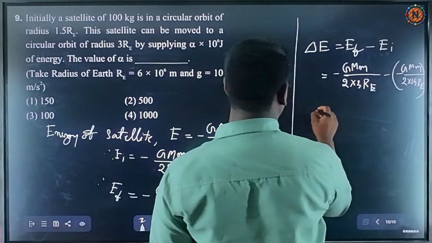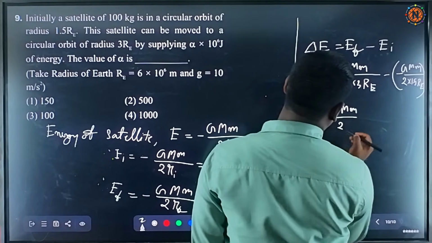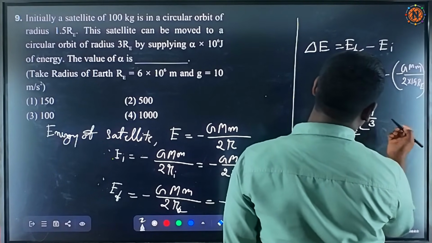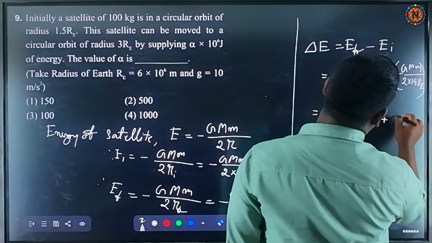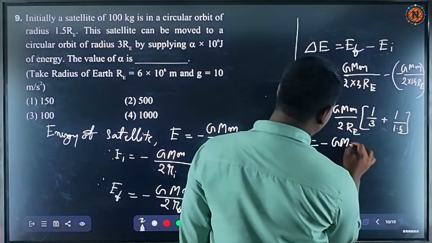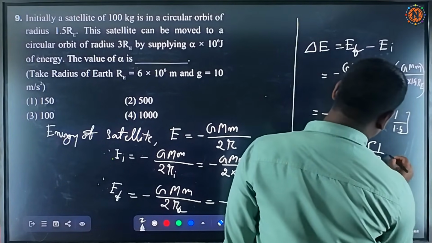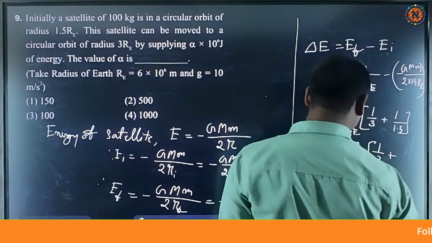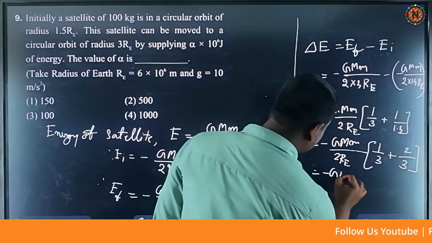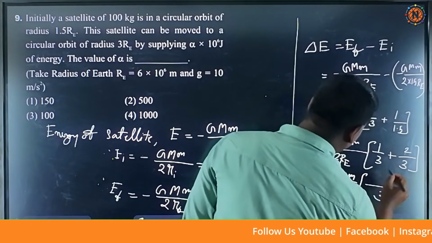Okay, so from this we can take common minus GMm by 2 Re, so that will be 1 by 3 plus 1 by 1.5. Okay, minus GMm by 2 Re. So take LCM. Okay, first solve it. 1.5 can be written as 3 by 2, so 3 will remain here and 2 will go in the above. Okay, so minus GMm by 2 Re. So take LCM 3. So 1 plus 2 will be 3.